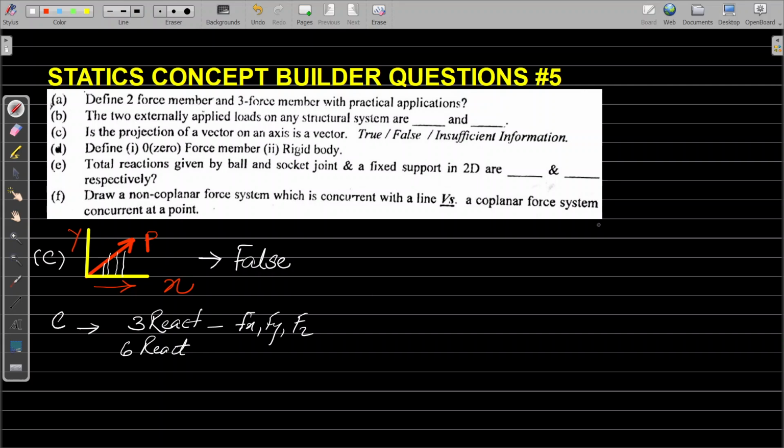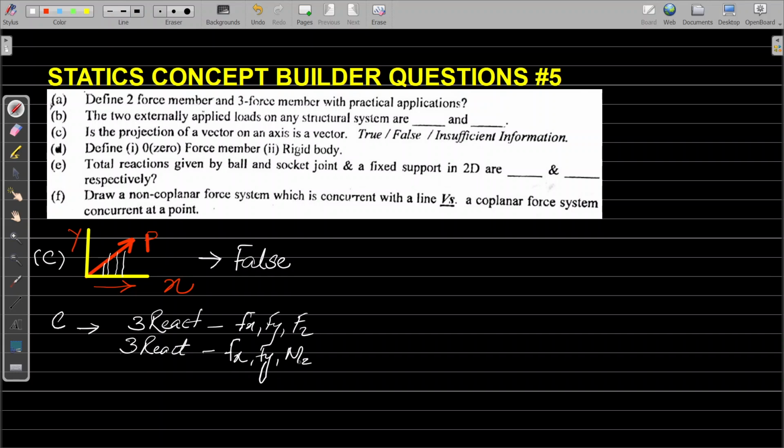Sorry, he says in 2D. So in 2D it will also be three reactions: Fx, Fy, and Mz.